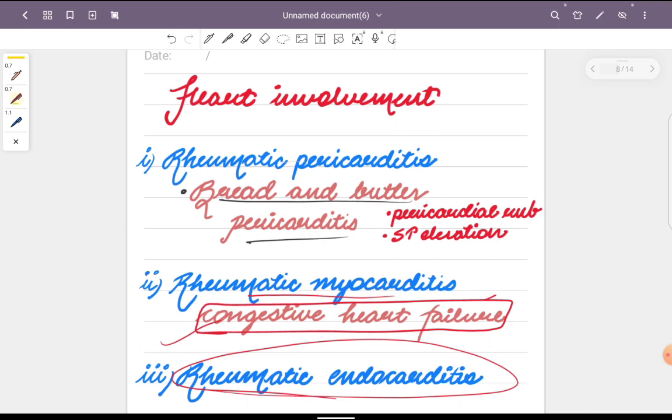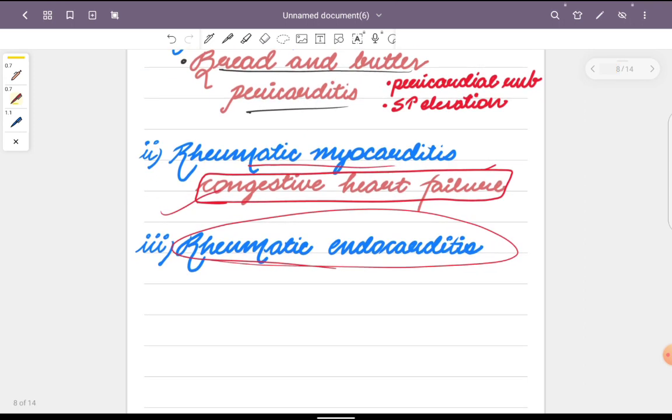Now we'll talk about rheumatic myocarditis. This is the most dangerous complication of rheumatic fever because the myocardium becomes loose and flabby, and it can further lead to congestive heart failure. Now, what about rheumatic endocarditis? The most common valve affected is the mitral valve, and in acute cases you will see mitral regurgitation, and in chronic rheumatic heart disease you will see mitral stenosis.